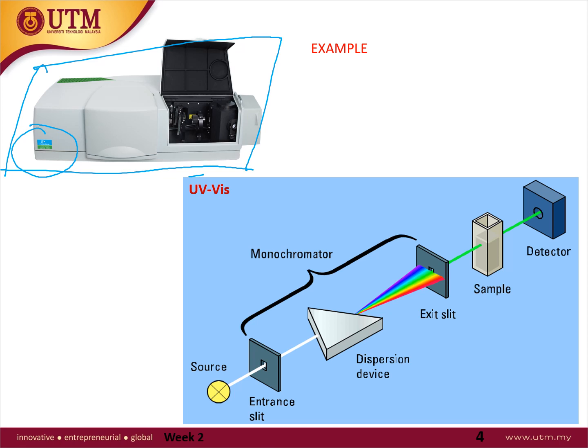So this UV-Vis, we have a source. When you see the words UV and visible, it means that you will have two sources, whereby one source will give you radiation with high enough energy that it can give you UV, and another one is relatively lower energy and can give you visible.